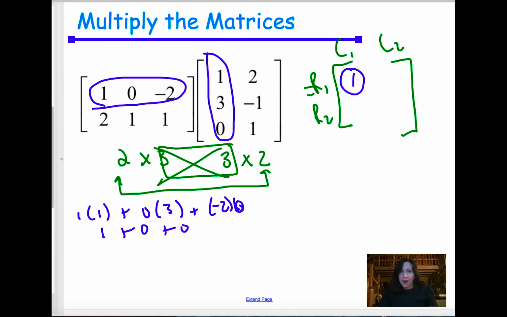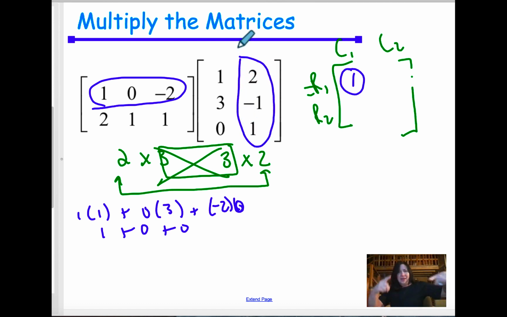So now I want to find this spot right here, which is row 1, column 2. So I'm going to go row 1, which I already circled, and now I want to multiply that by column 2. Okay, so it's like this. One line goes across, one line goes down.